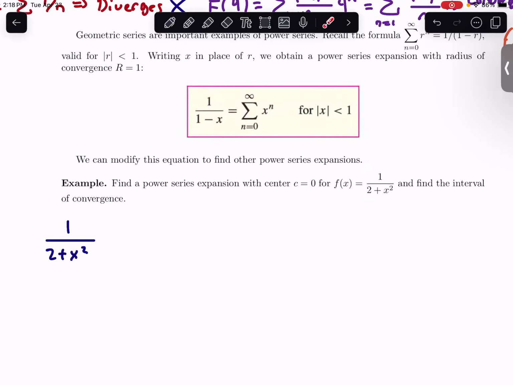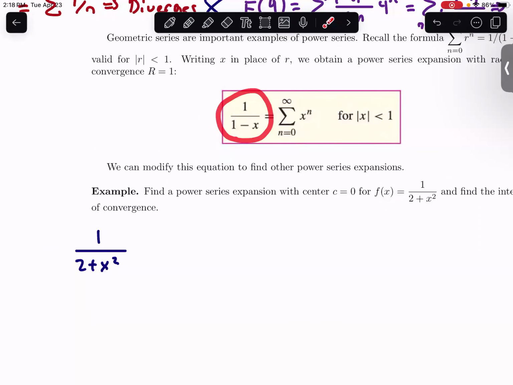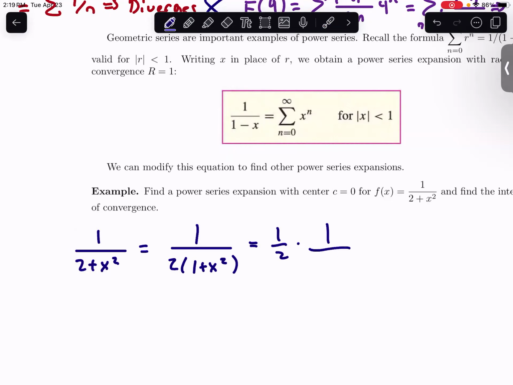But if you look at this function versus the function we have here, we're starting off with a 2 when it should be a 1. So the first thing we can do is factor out a 2 from the denominator. This is really equal to 1 over 2 times (1 plus x squared), which you can rewrite as 1/2 multiplied by 1 over 1 plus x squared.